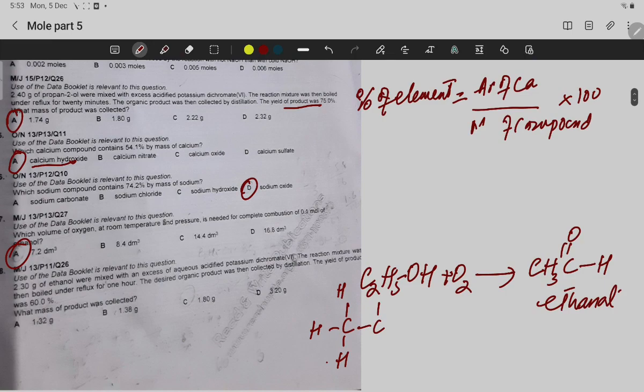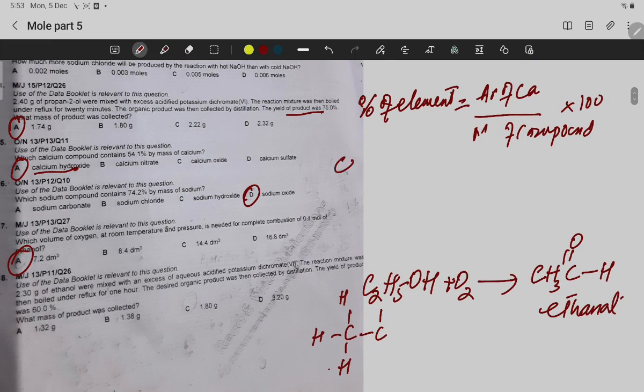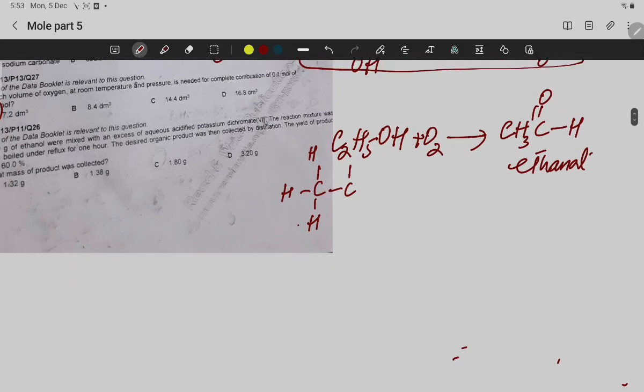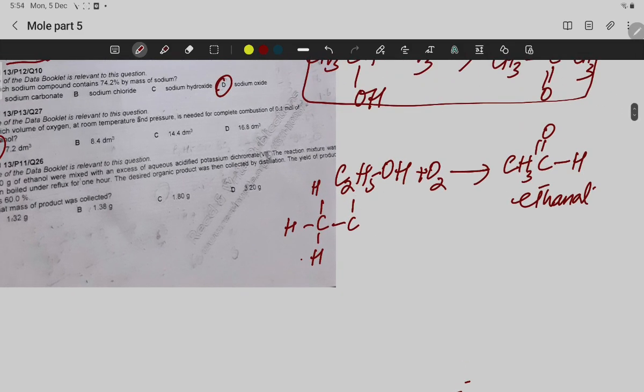Propan-2-ol is written like this: CH3CHOHCH3. If OH is placed on carbon number 2, in between the carbon chain, then acetone is formed like this: CH3COCH3. This is a very important point. And if OH is attached at carbon 1, this compound is formed.